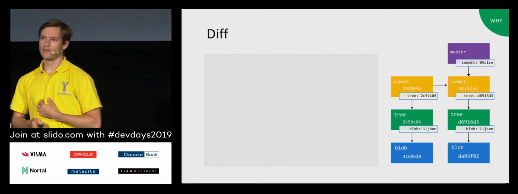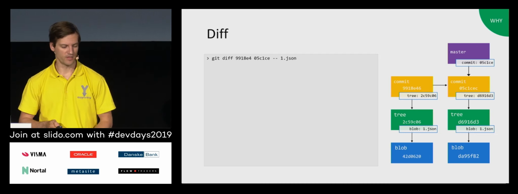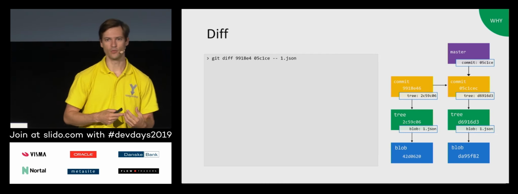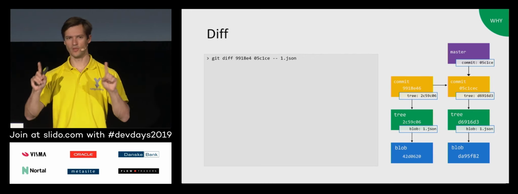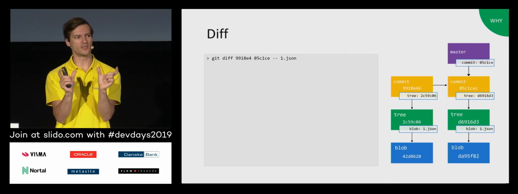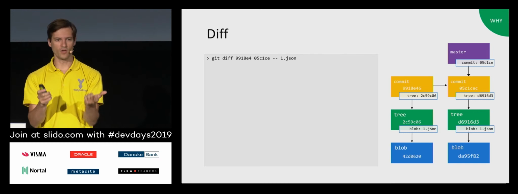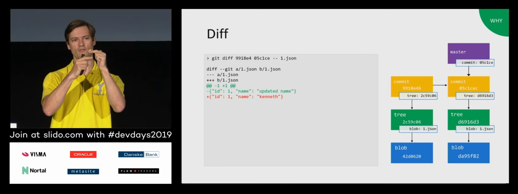Then there's diffing. You want to know what has changed over time. So in this case, I can just do a diff between the content of one.json between these two different commits, and I see, right, something is wrong with this data, but what has actually changed? By doing a diff, I can get the previous and the current value.